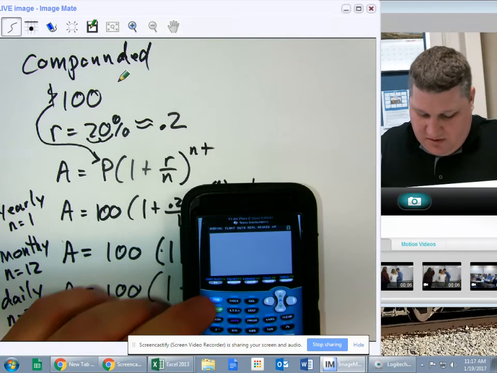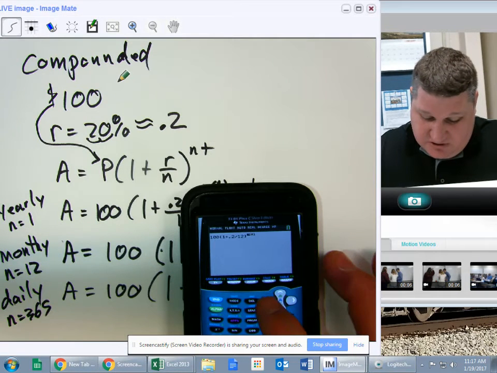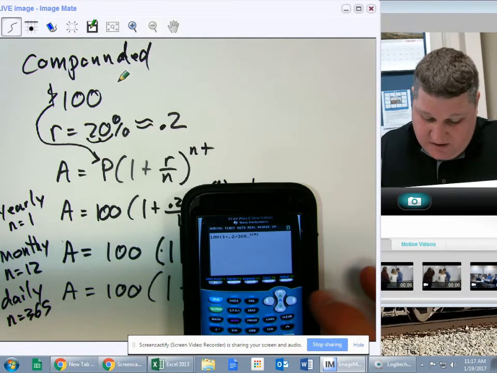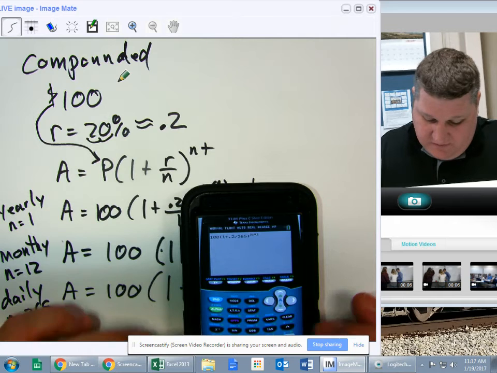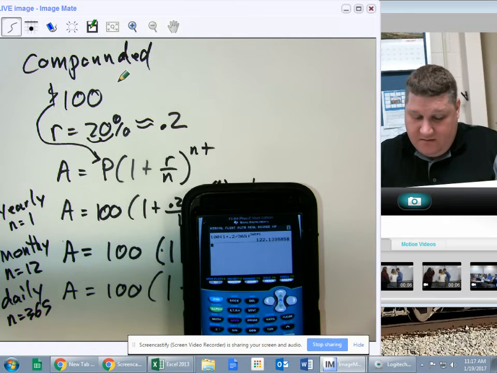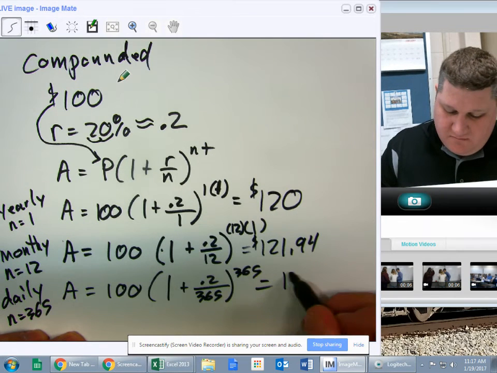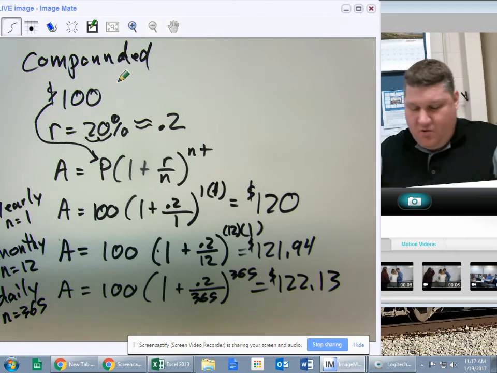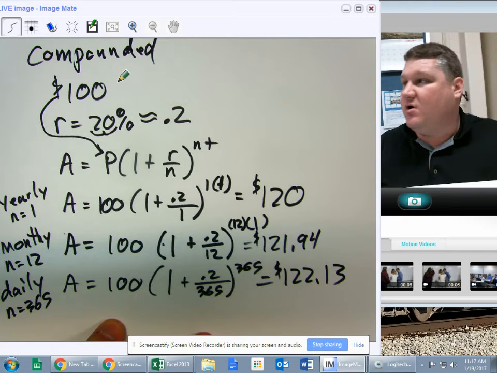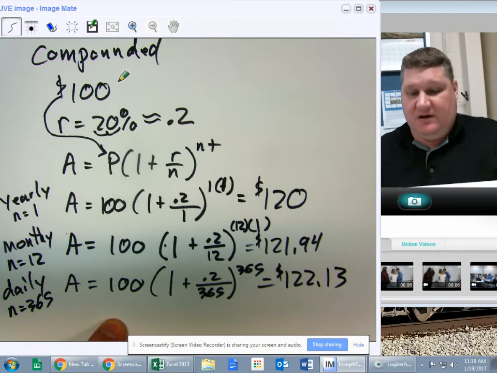I've changed it to be 365. The answer is $122.13. Why is it that the credit card companies are charging you more often on the interest? Because they want more of your money.